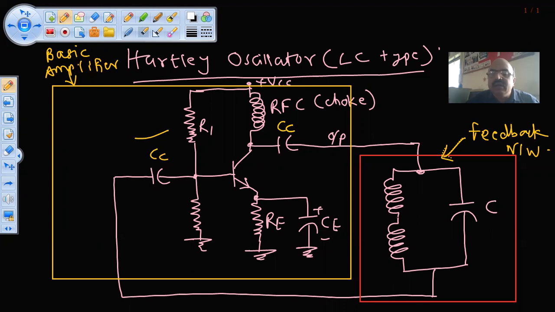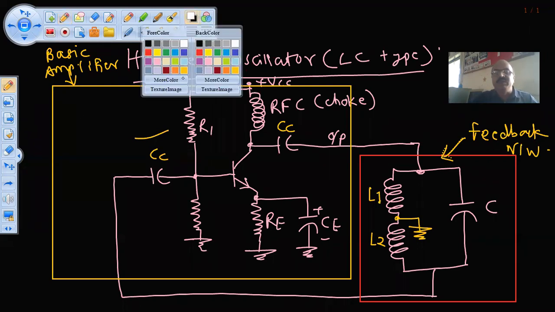Now here this point is grounded. So this is your L1. This is L2, and this is C, capacitor C. As we know, when an inductor and capacitor come in parallel, they form a tank circuit.